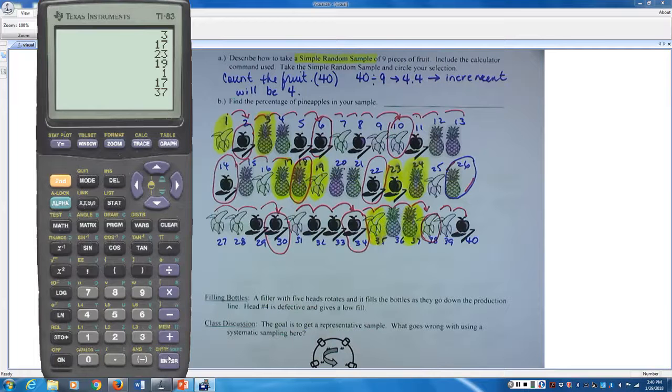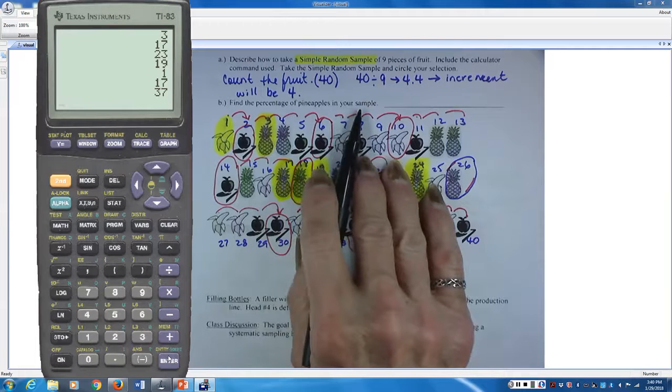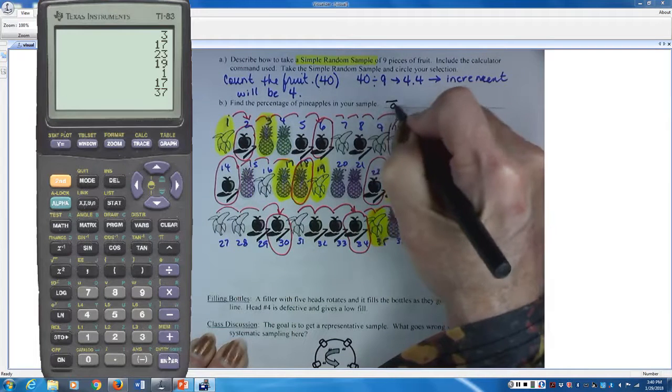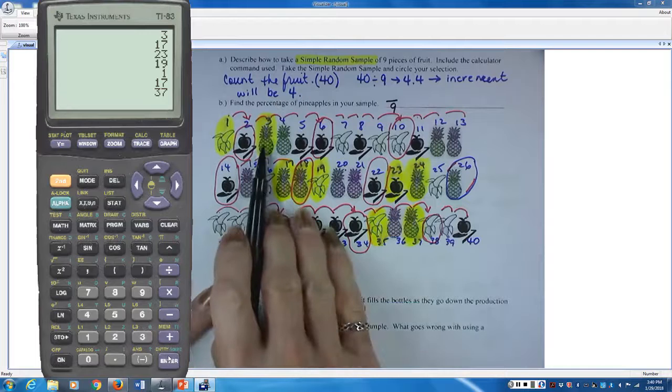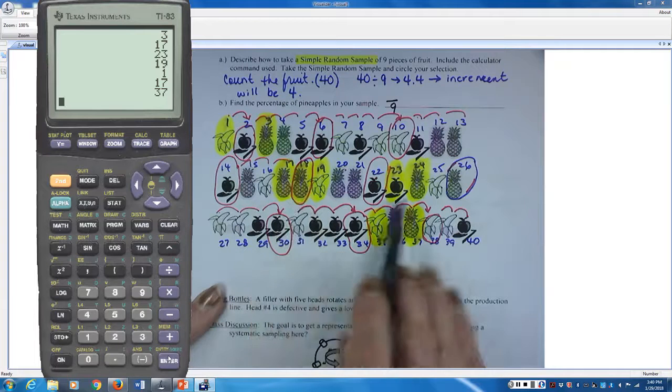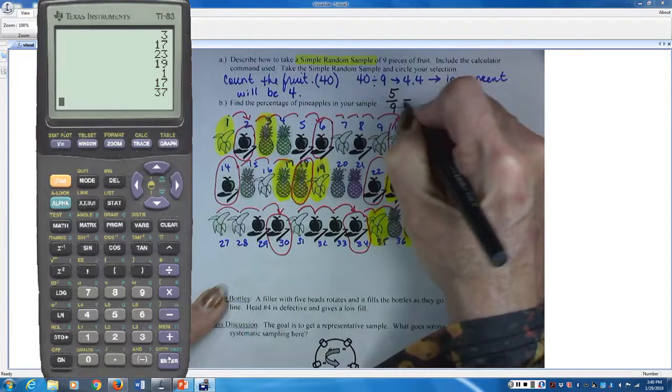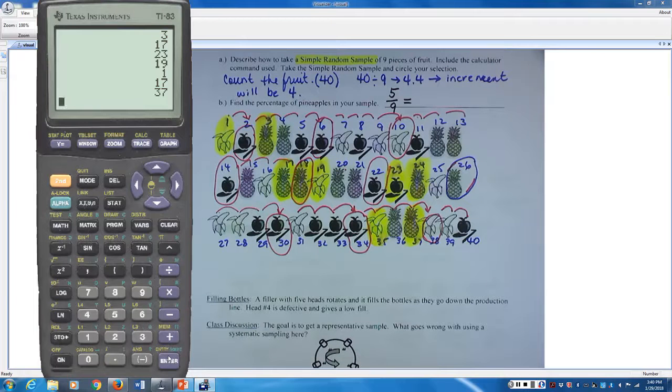Talking about the simple random sample, it says find the percentage of pineapples in your sample. Well, my sample is 9. How many pineapples? 1, 2, 3, 4, 5. 5 out of the 9 were pineapples.